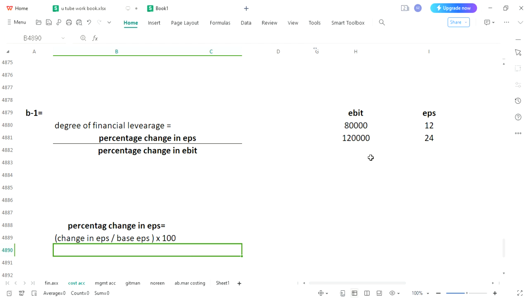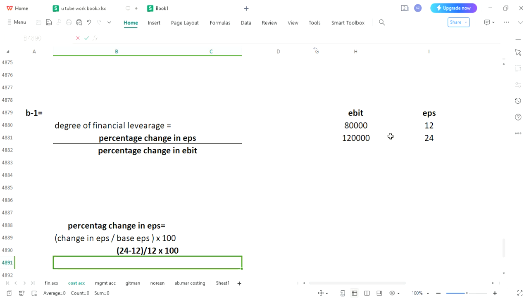Now we have got percentage change in EPS. So for the first, look over here, what change had come. The base is 80,000 units. To calculate the change, we will simply subtract. So come over here: 24 minus 12, with which you can calculate your change in EPS. Base EPS was 12, you need to divide by it, and finally you will multiply it with 100.